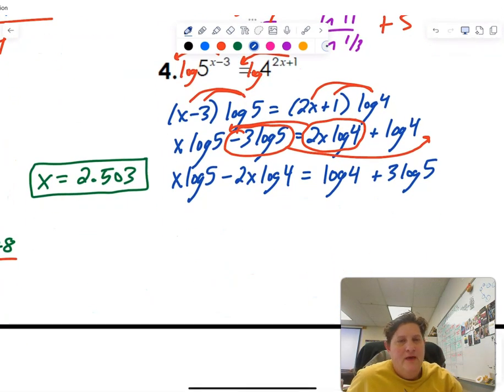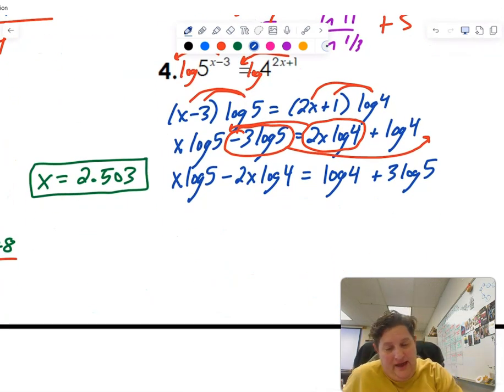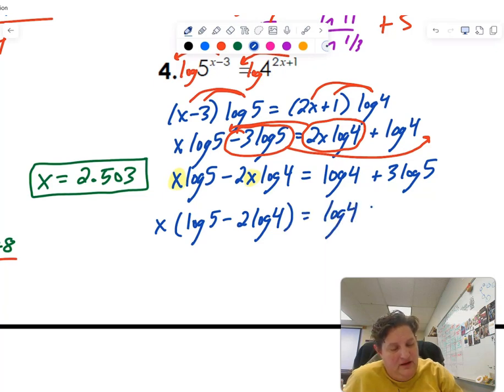All right. Then you factor out an x. So over on this side, I say, okay, there's an x there and an x there. When I factor it out, I have log 5 minus 2 log 4 equals log 4 plus 3 log 5.